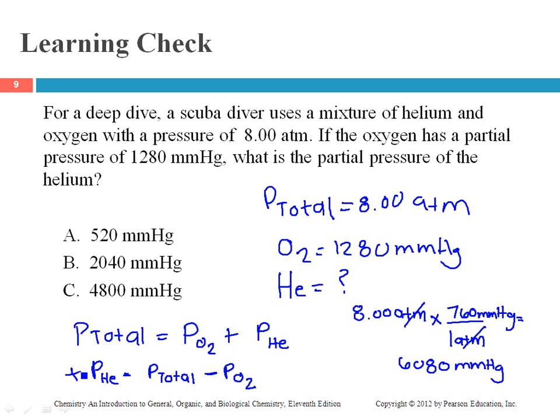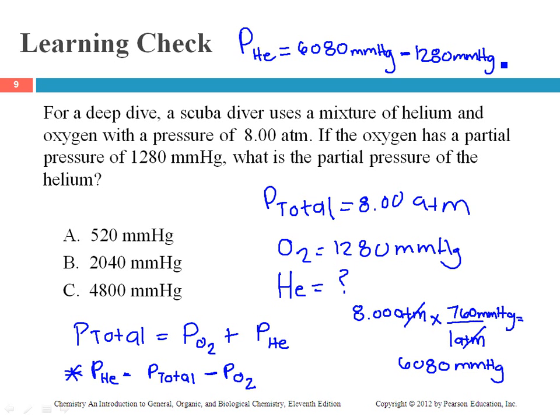Okay, so now we've got to use this equation. We've rearranged it because we have P total. So if we plug in for the partial pressure of helium, what we're trying to find, equal to P total, which is 6,080, and we subtract out the partial pressure of our oxygen.